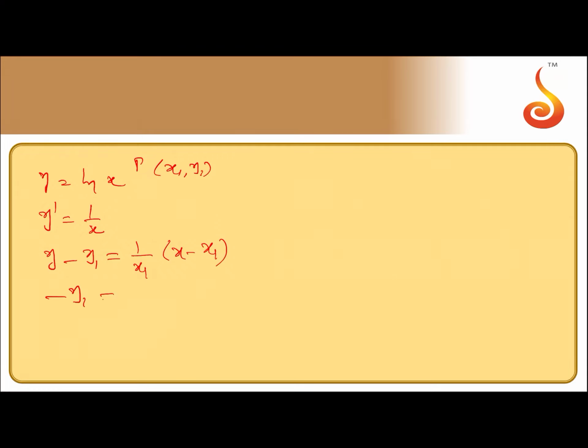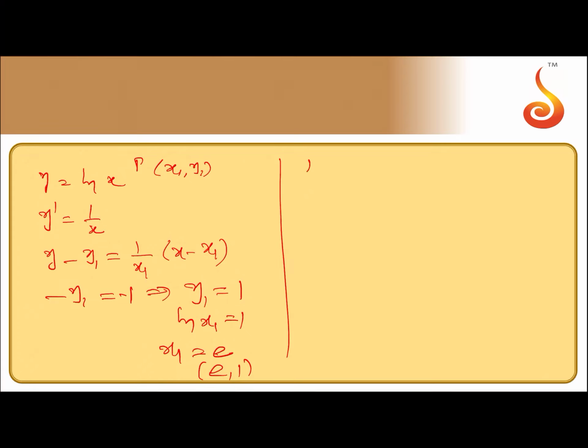As it is passing through origin, minus y1 equals minus 1, sorry. So y1 equals 1. But y1 is nothing but log x1 equals 1, means x1 is equal to e. So the point of contact is e comma 1.